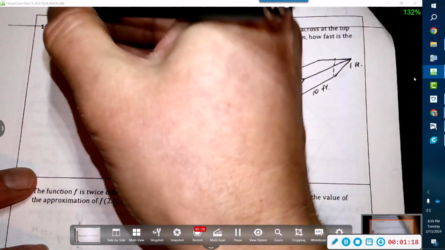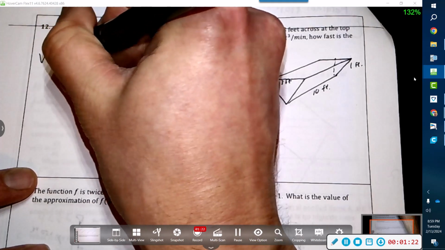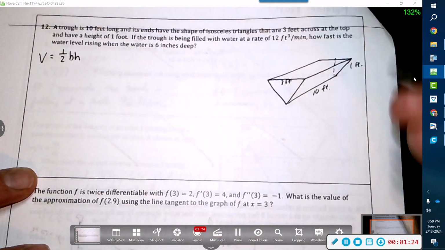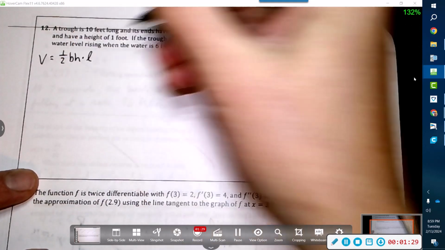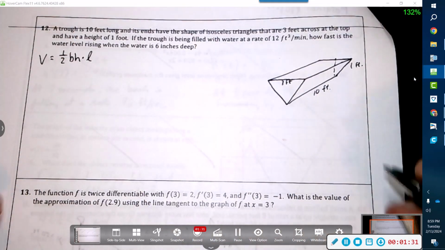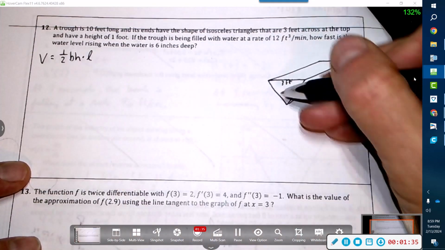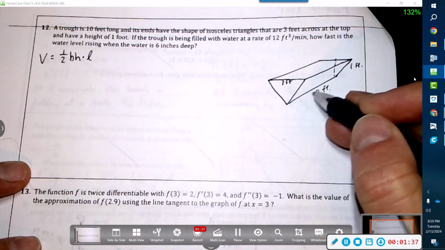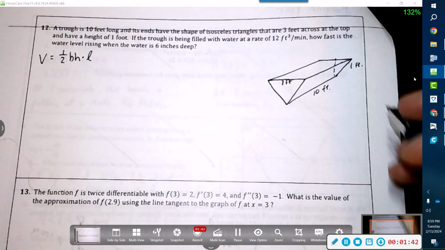So this guy's volume is going to be 1/2 the base times height times the length, and that's going to give us the full volume of this trough.